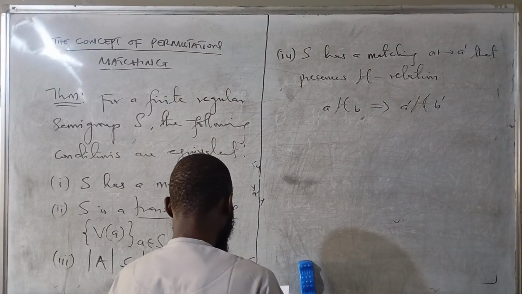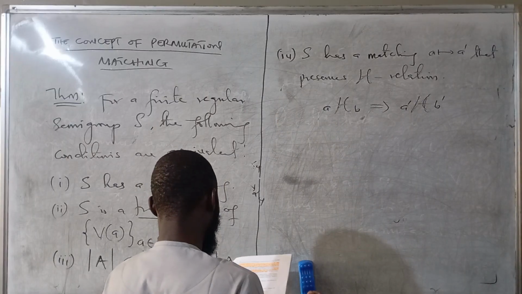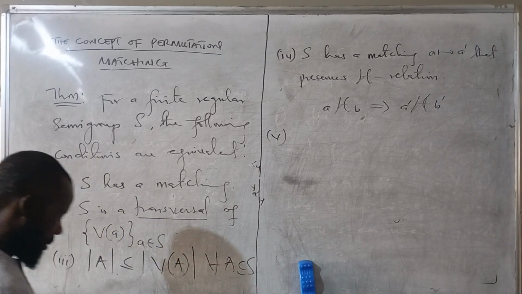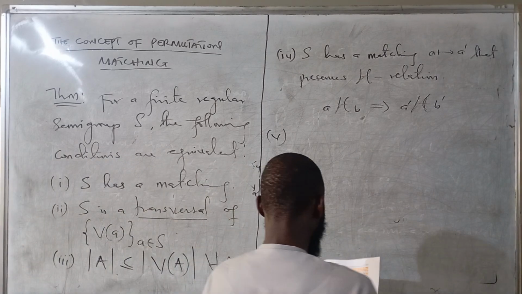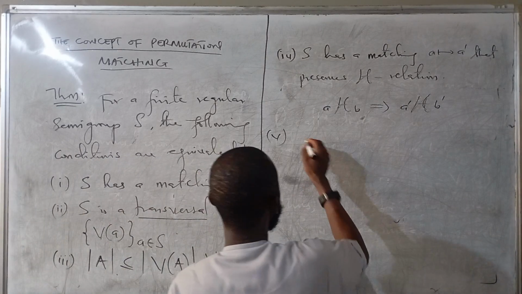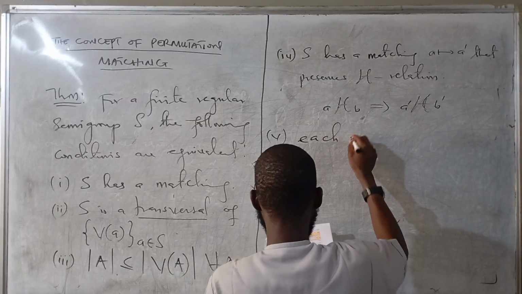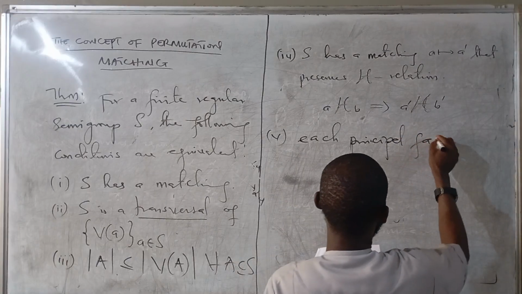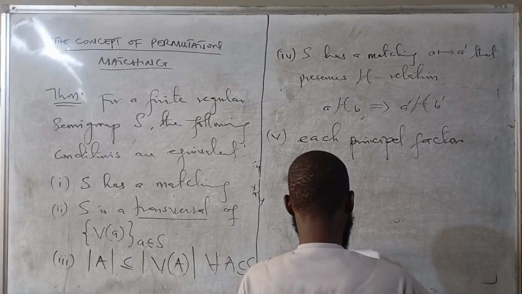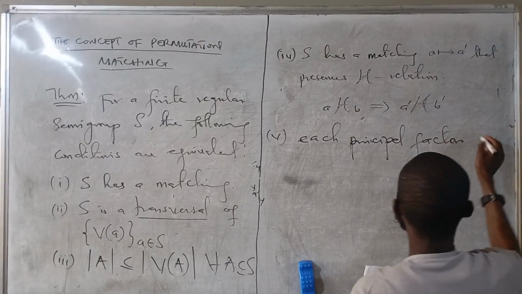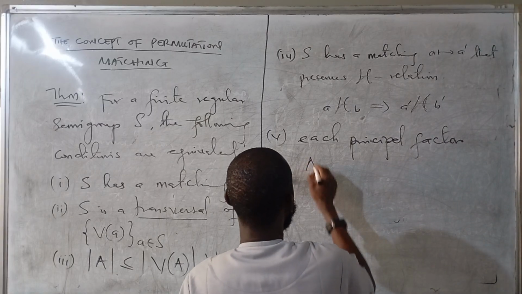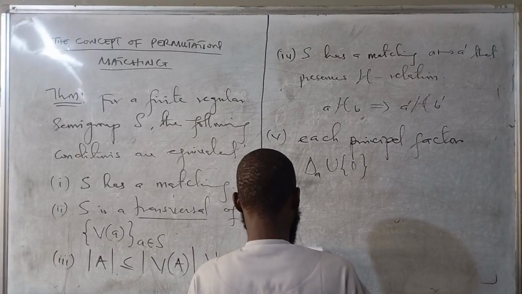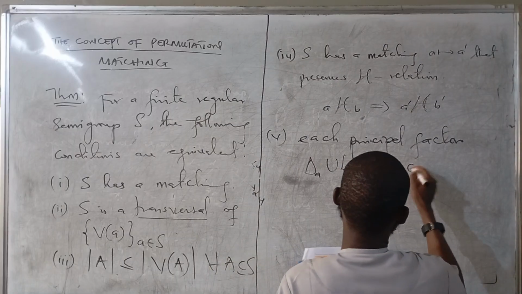And then the fifth condition, which is also equivalent to all of these ones, is to say that each principal factor, written as D_A union 0 in the semigroup, has a permutation matching.